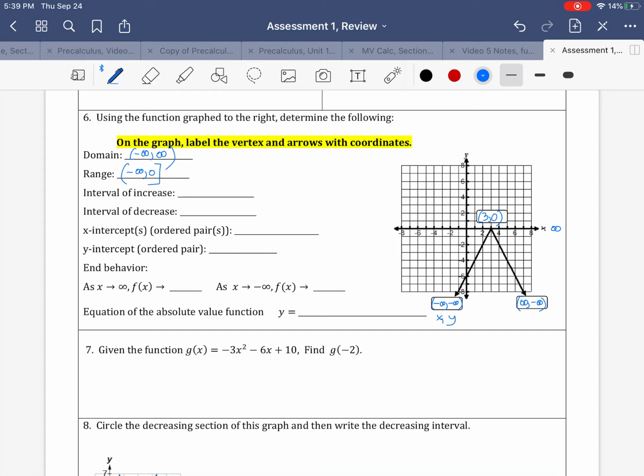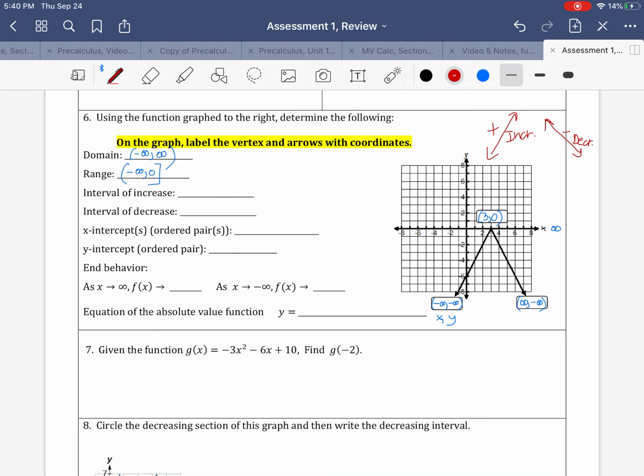Increasing. All right, it's important to recognize increasing. Increasing means that you have a positive slope. So a line with a positive slope looks like this, like in Algebra 1. This has a positive slope, so we call that increasing. If something has a negative slope, we call that decreasing. So what we're doing here is reading the slope from left to right.